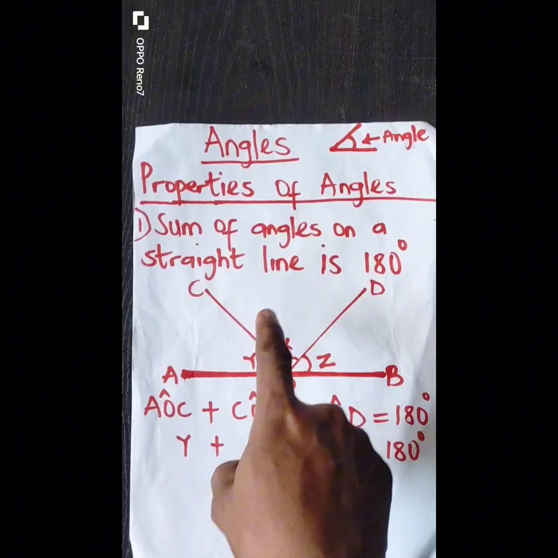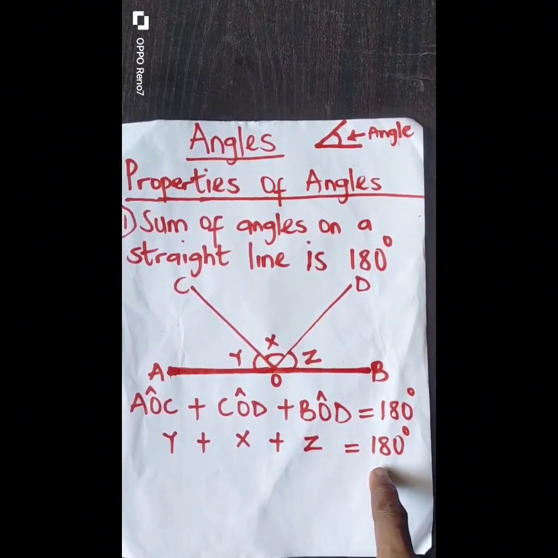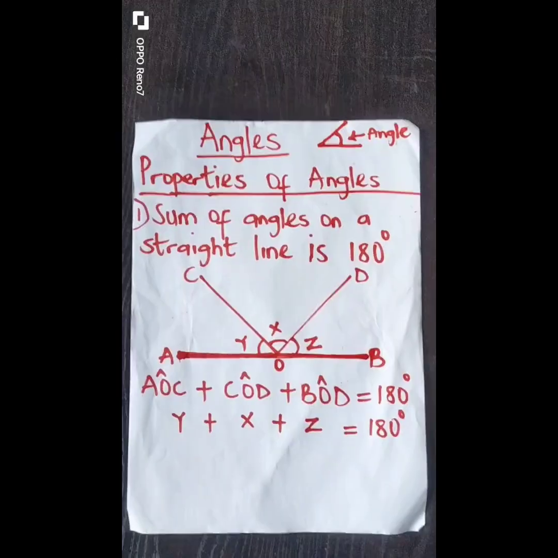Sum simply means addition. When you add all these angles together on a straight line, it will give you 180 degrees.